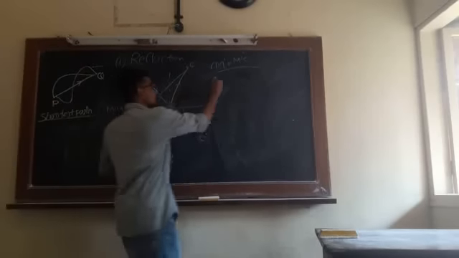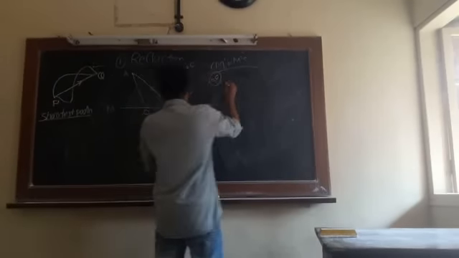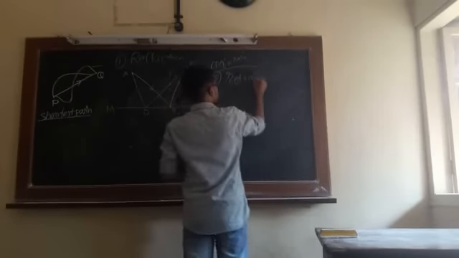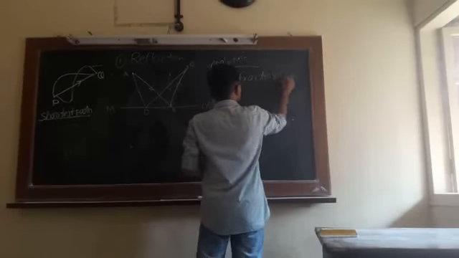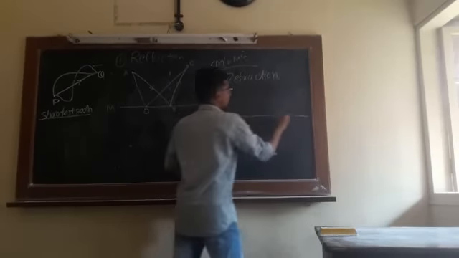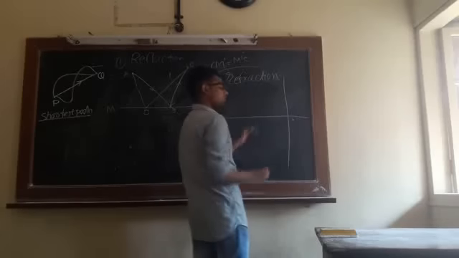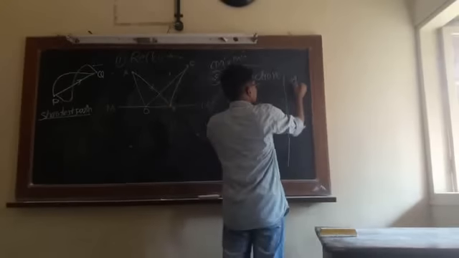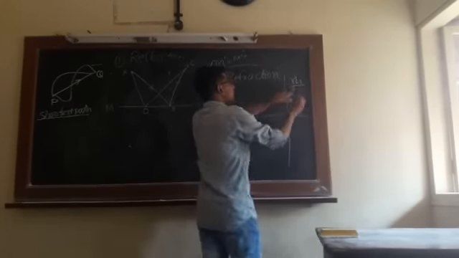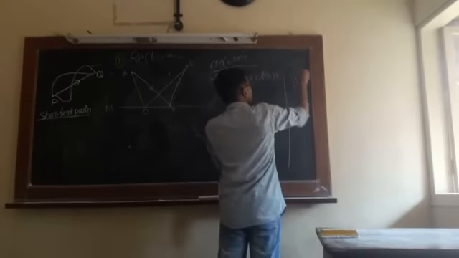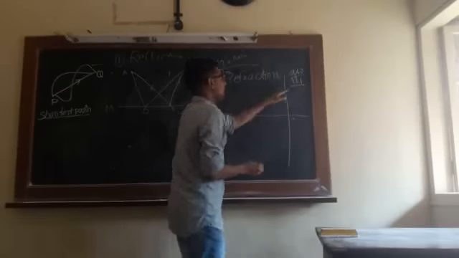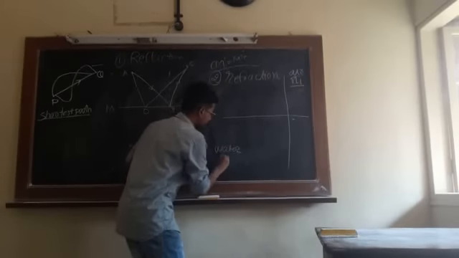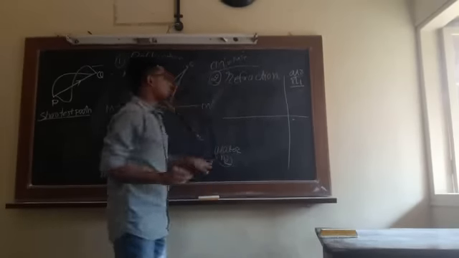It means it obeys the law of shortest path. But in the second case, where we take refraction, a normal is drawn to the surface, and suppose this is the medium of refractive index N1, and this is water of refractive index N2.